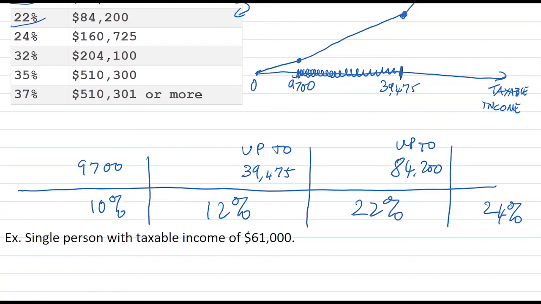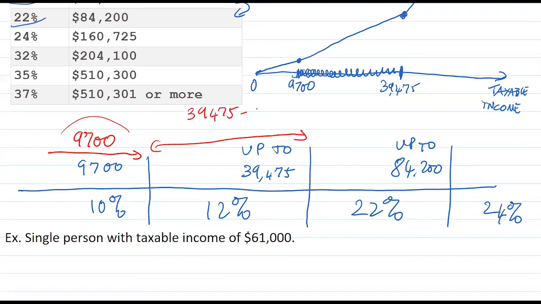How much of this is actually applied to this person? Well, this person definitely has the 9,700. For the next bracket up to 39,475, how much money is that? They already paid 10% on the 9,700, so they're not going to pay any more on it. So we're actually looking at 39,475 minus 9,700, which is equal to 29,775.